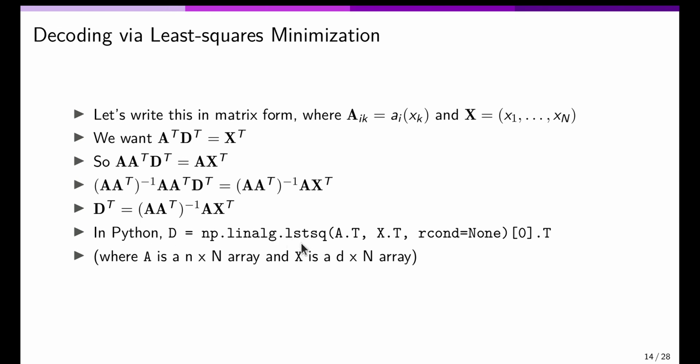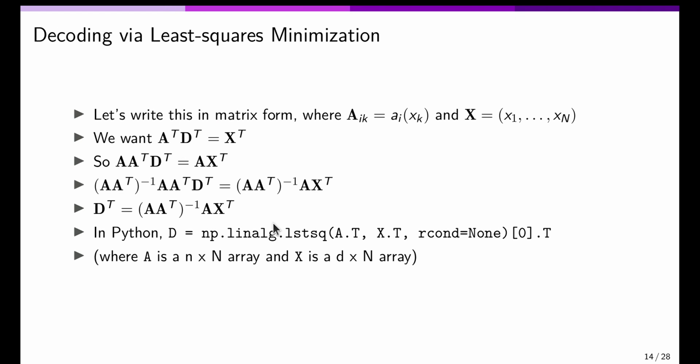In Python, you can just write it like this: you have this A matrix, you have this X matrix, and you say, give me the least squares minimum solution, and it gives it to you. So all this is pointing out is that the minimization problem we're describing here is a well-described, straightforward one.